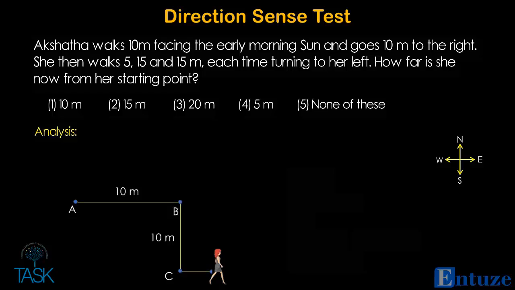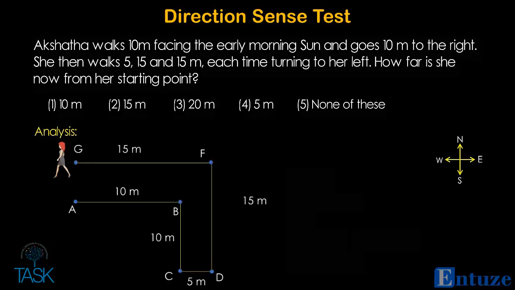So, for the first 5 meters, mark a new point 5 meters to the east of C as D. Similarly, for the next left turn, mark a point 15 meters to the north of D as F. And as she turns left again and walks 15 meters, let us mark the point 15 meters to the west of F as G.